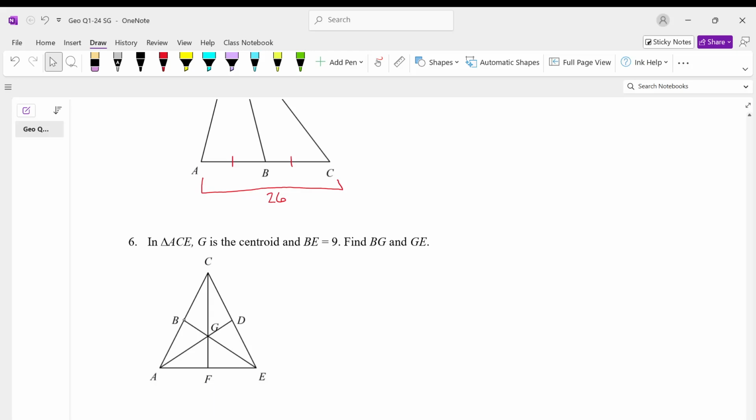So B to E is 9 units. You need B to G and G to E. All right, so this is the short piece of this angle bisector, and G to E is the long piece. So the short piece is 1/3 of the entire piece. So if B to E is 9, then B to G is 9 divided by 3.